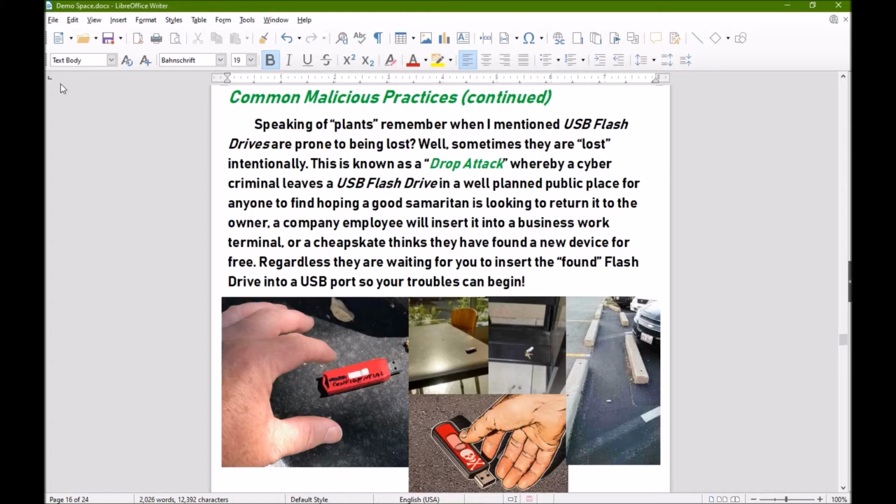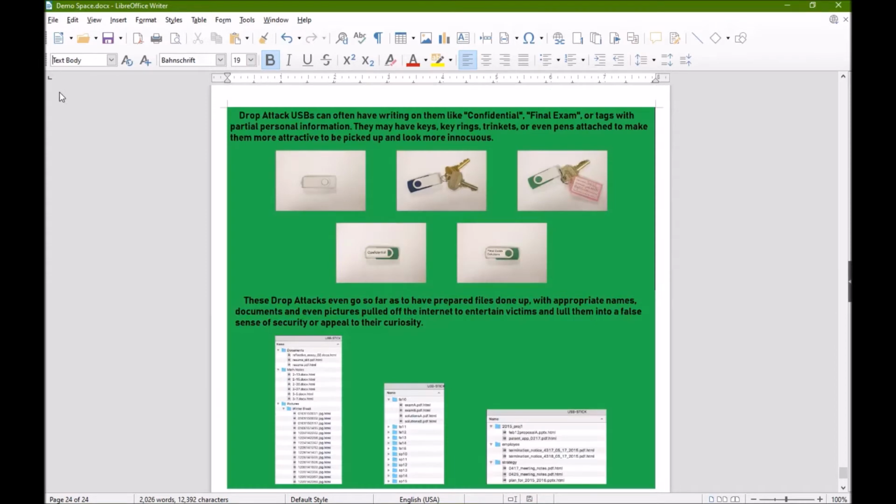A company employee will insert it into a business work terminal, or a cheapskate thinks they have found a new device for free. Regardless, they are waiting for you to insert the found flash drive into a USB port so your troubles can begin. Drop attack USBs can often have writing on them, like confidential, final exam, or personal.